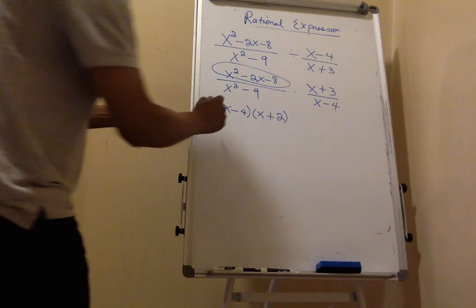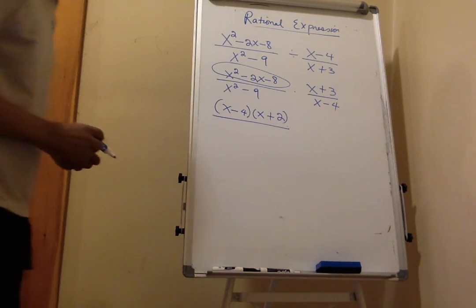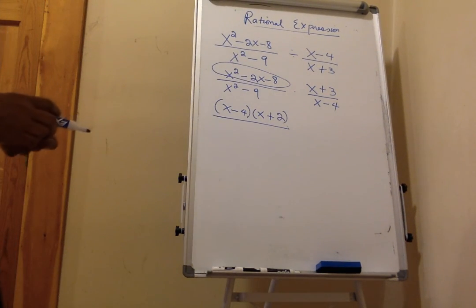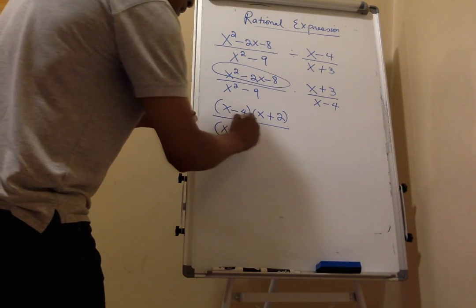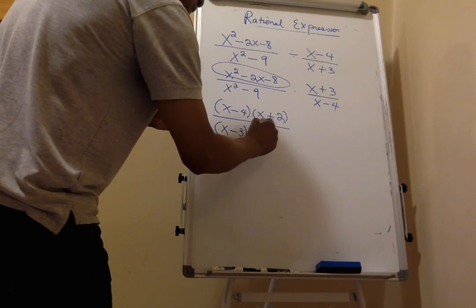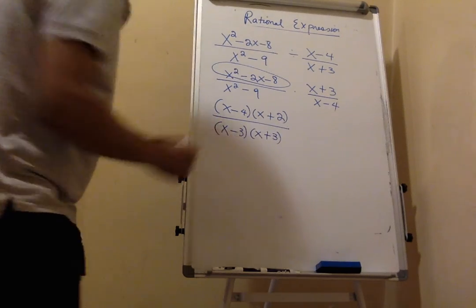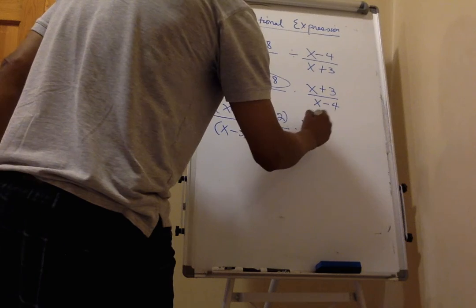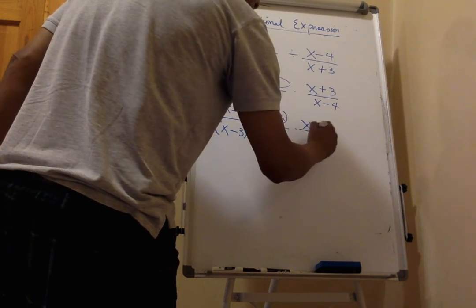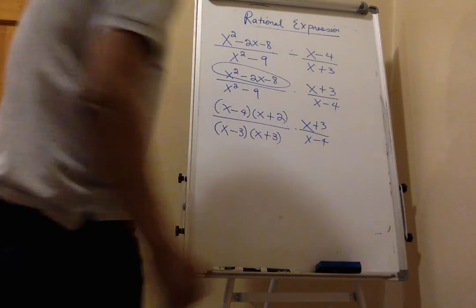The one in the denominator, x squared minus 9, is the difference of two squares. And so I can write this as x minus 3 and x plus 3. Now bring down x plus 3 and x minus 4.